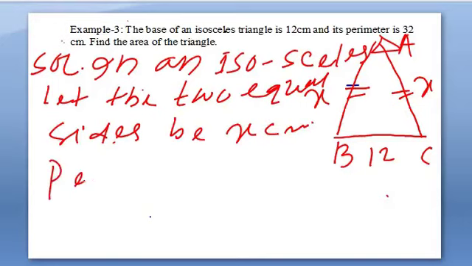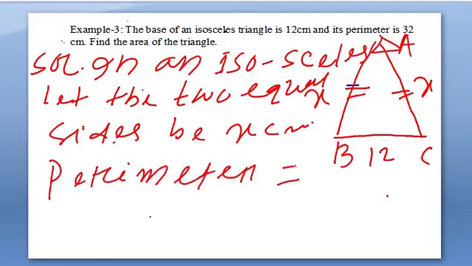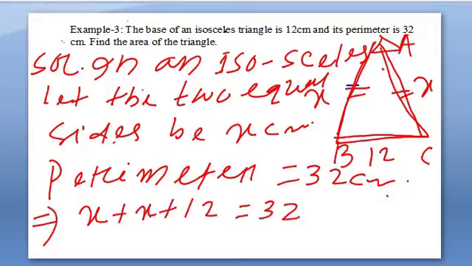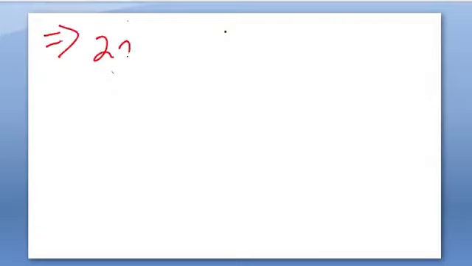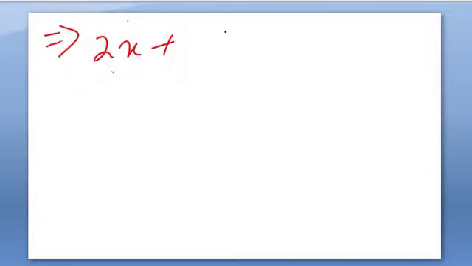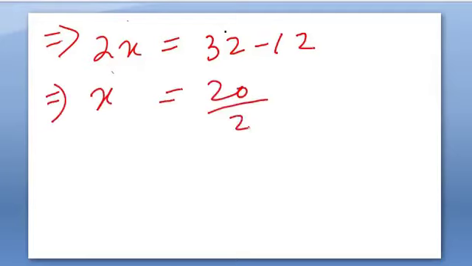So the perimeter, it is given in the question, is 32 centimeter, which implies that all the three sides, x plus x plus 12, equals 32. So 2x equals 32 minus 12, which implies that x equals 20 by 2 equals 10 centimeter.